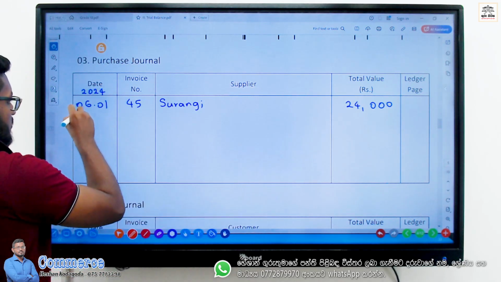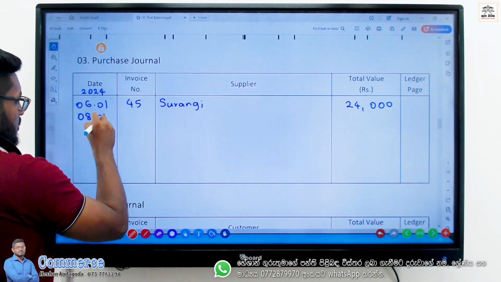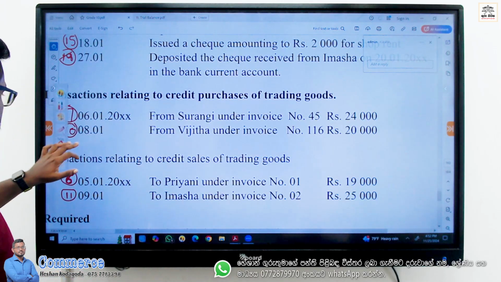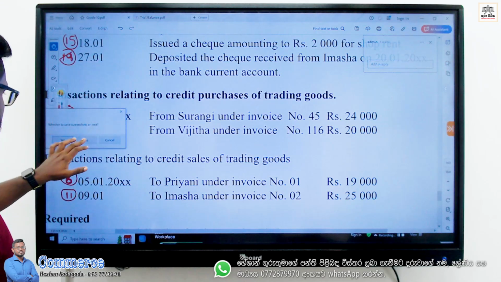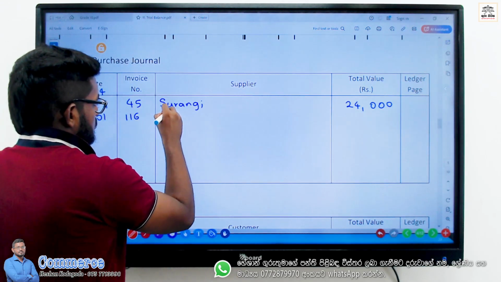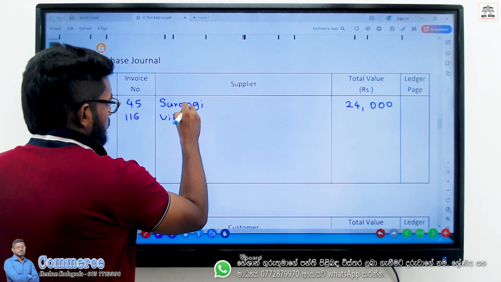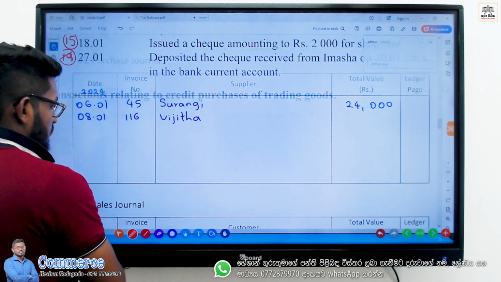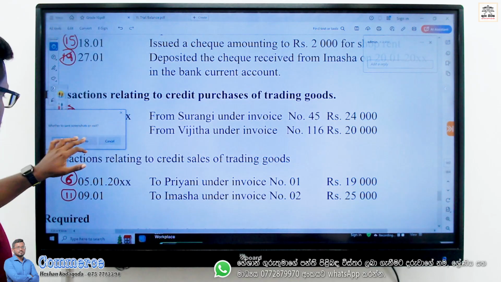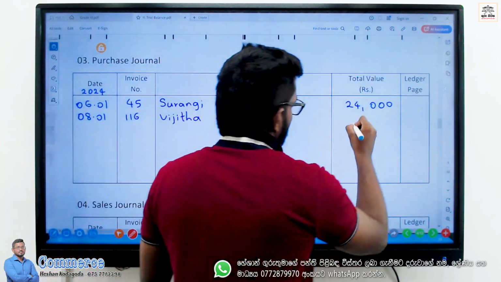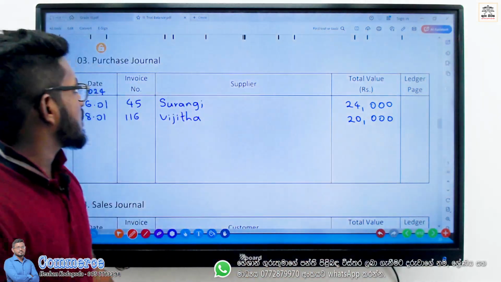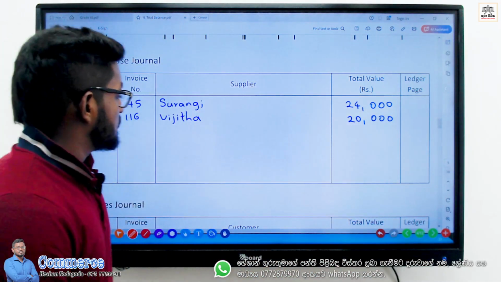8th of January. Invoice number 116. From Vijita. How much? It's 20,000. You know, at the end of the month, we debit the purchase account. Till then, credit the Vijita account, right?